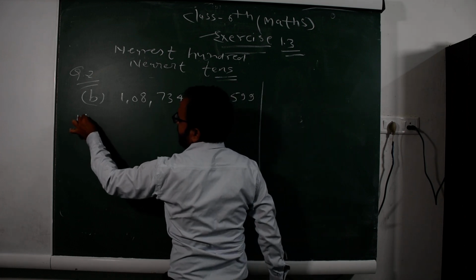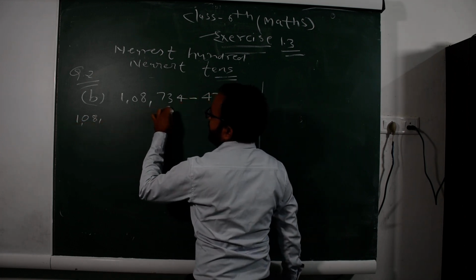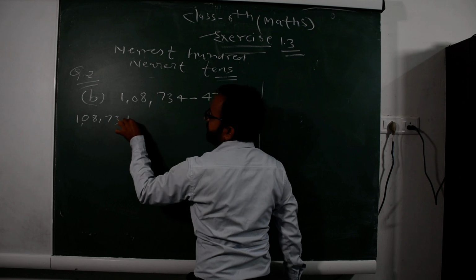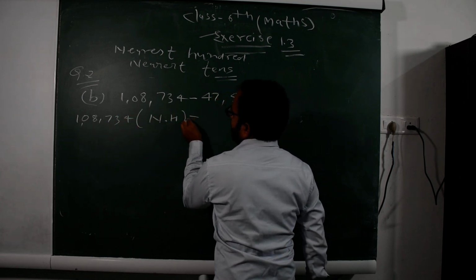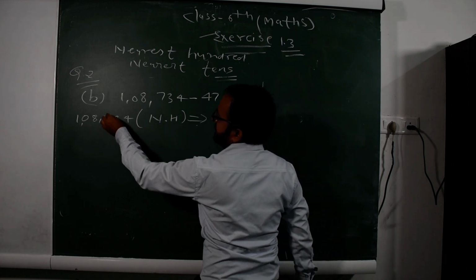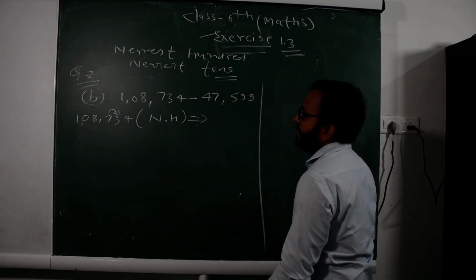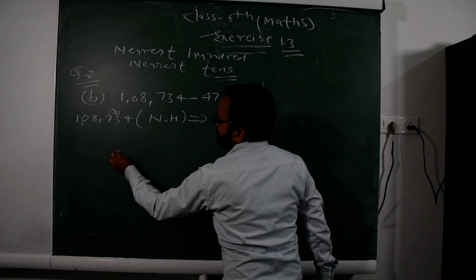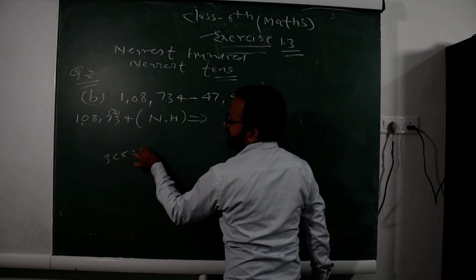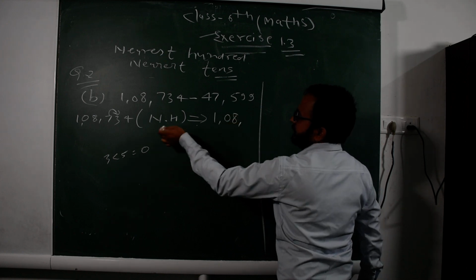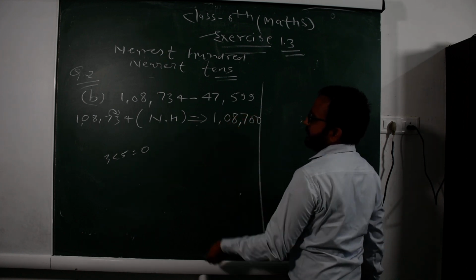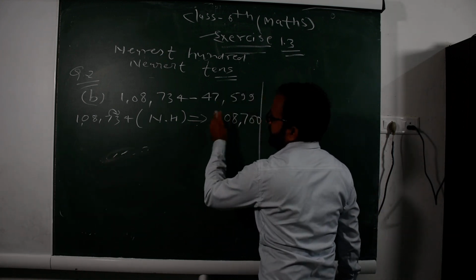First we take 1,08,734 nearest 100. Nearest 100, that means 3. 3 is less than 5, we consider 0. We put 1,08,700.